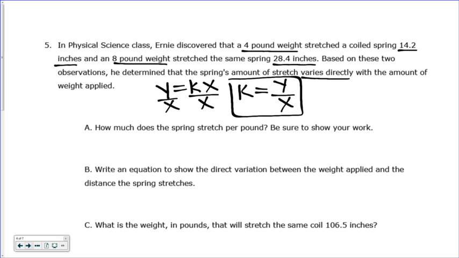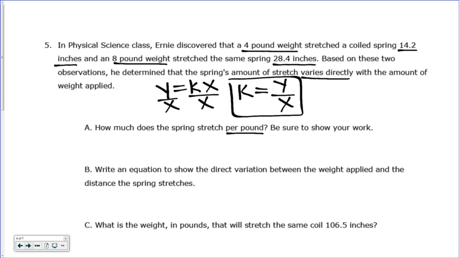Okay, we need to decide which one is the y value and which one is the x value. So which one is our input, which one is our output, okay? It depends how much weight I put on as to how much the spring will stretch. So we're going to plug in here because it says per pound.